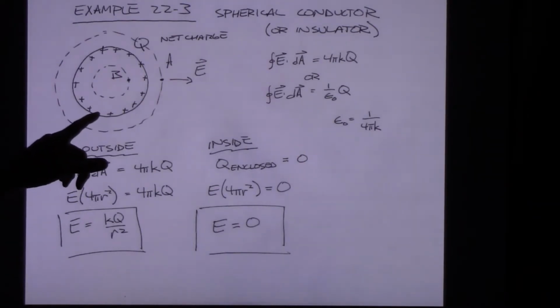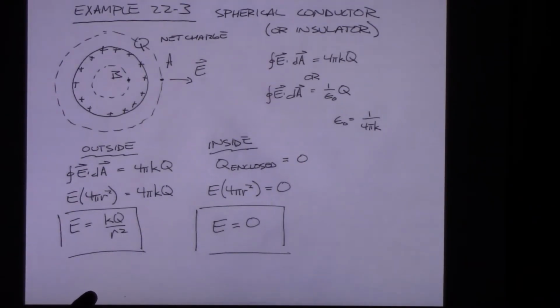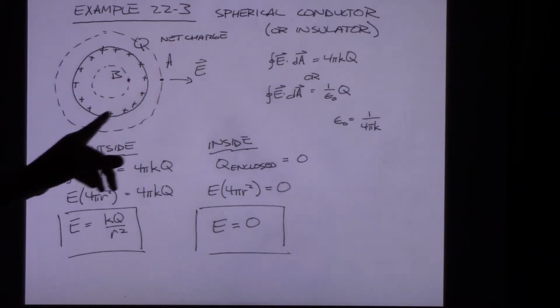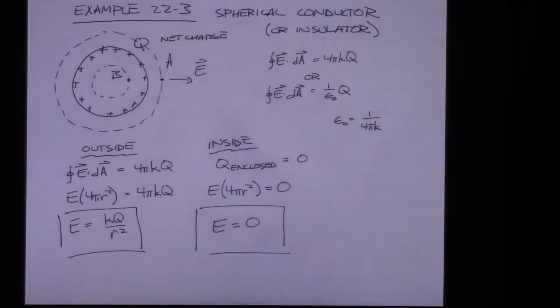This charge distribution actually is along a sphere, and carrying out a direct integration from this spherical distribution can be pretty hard. So Gauss's law provides us an alternate way to calculate the E fields due to charge distributions when we have a lot of symmetry. And spherical symmetry, that's a lot of symmetry.